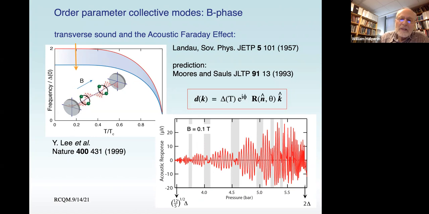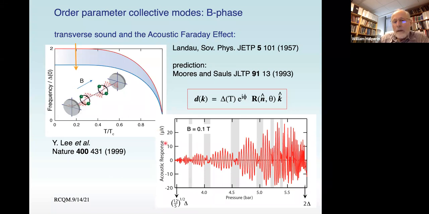And the way this comes about, I should add, from the theory, is an off-resonant coupling between one of those subgap states, the square root of 12/5 state, and the density, which allows this transverse sound to exist in the shaded region, which I'm plotting again as frequency as a function of temperature.